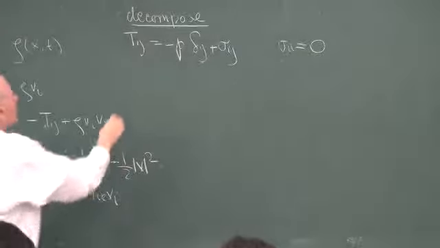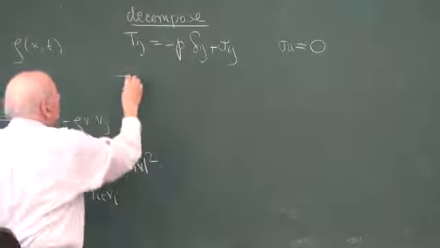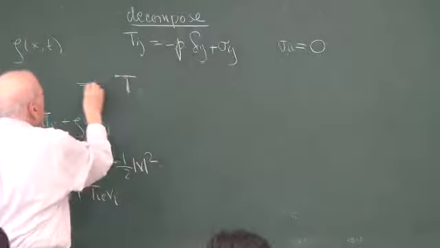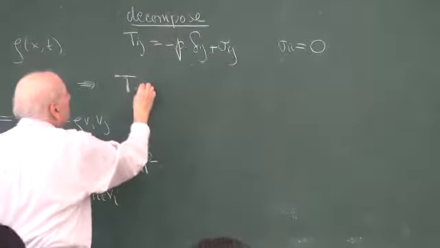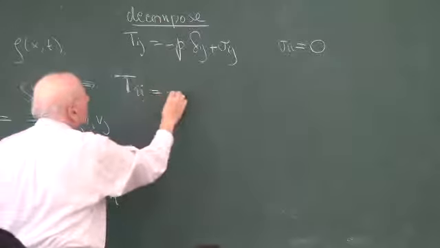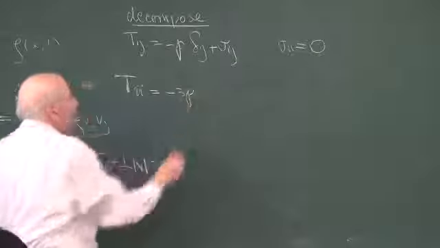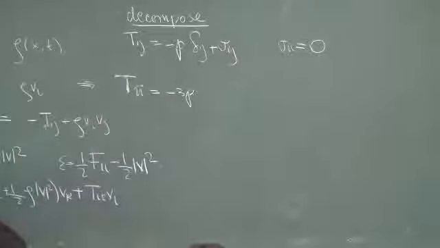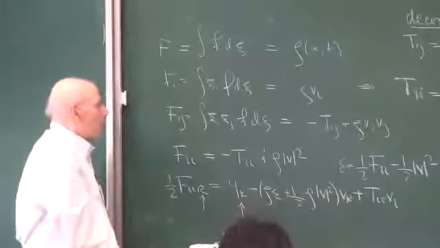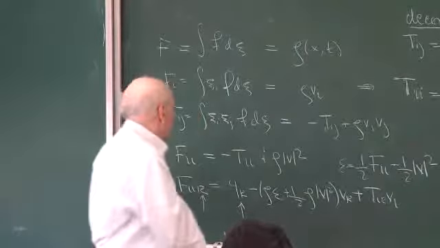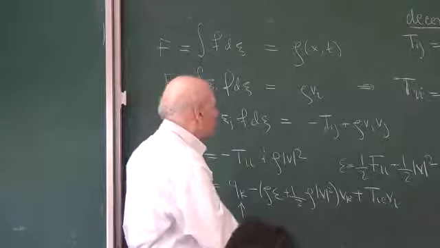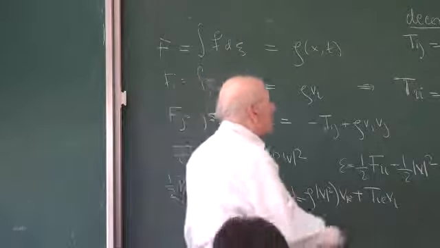Okay, that says T_ii, of course. What does that imply? It says T_ii is minus 3p, just taking the trace. So T_ii is minus 3p. Okay, that's very nice. So we have that T_ii is minus 3p. Let's go back to the definition of epsilon.